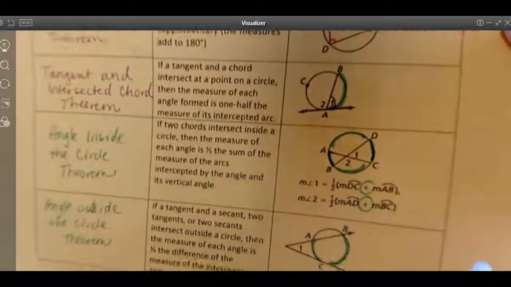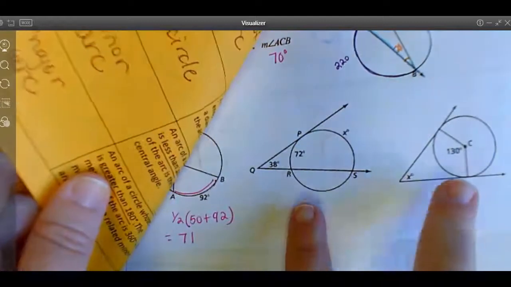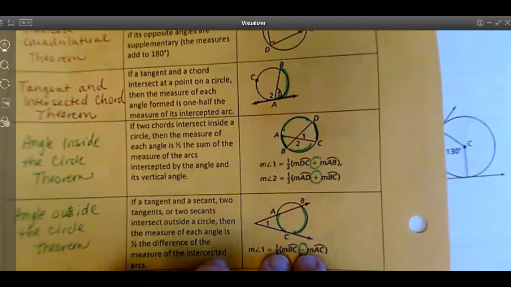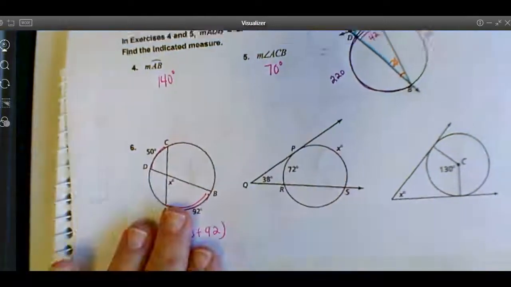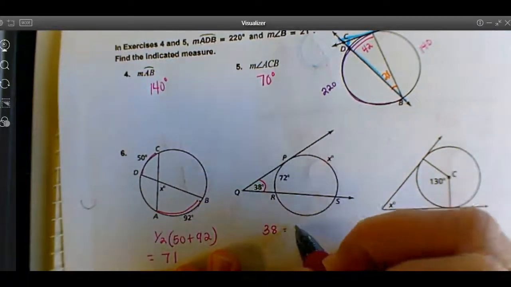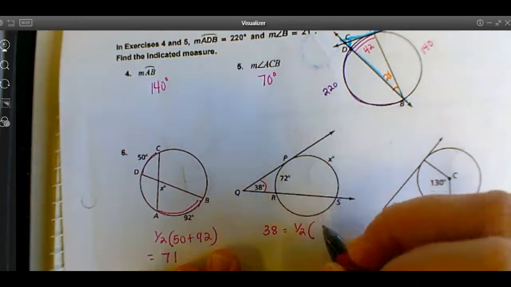Okay, the other one says whenever the angle's outside, and that's what's going on in both of these, the angle's outside, that you take half and you subtract the 2 arcs. Okay? So here's the angle, and it's a half and subtract the 2 arcs.